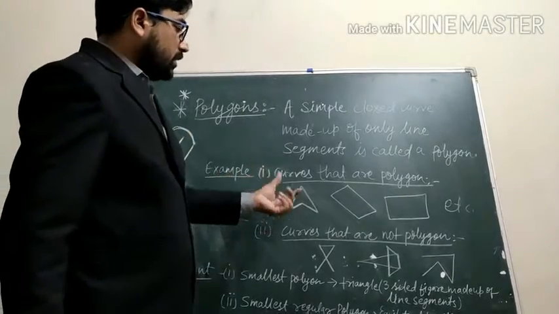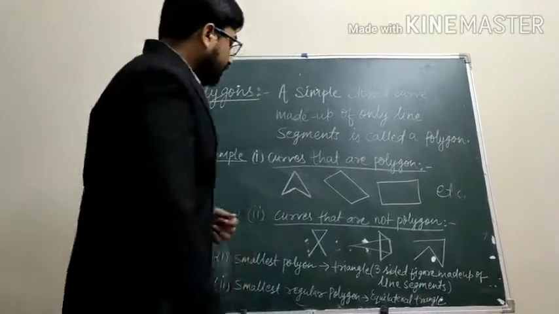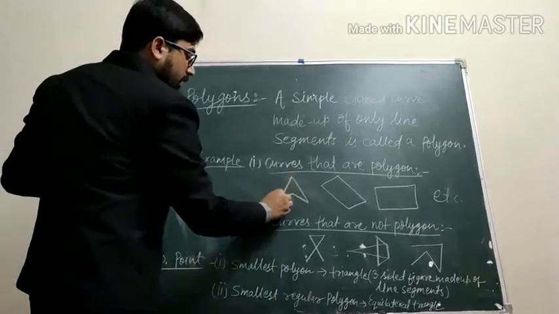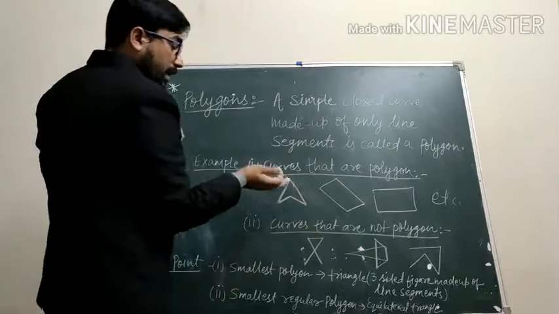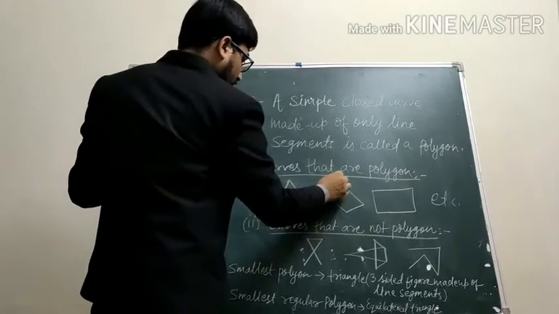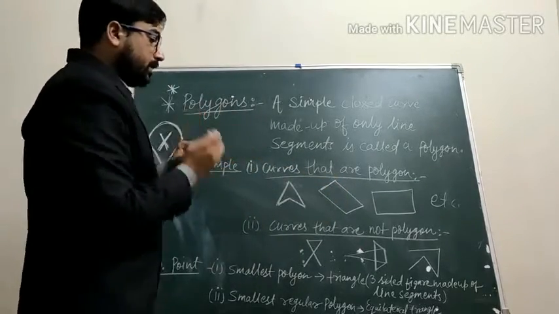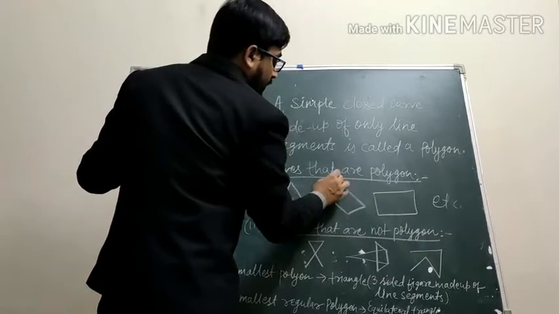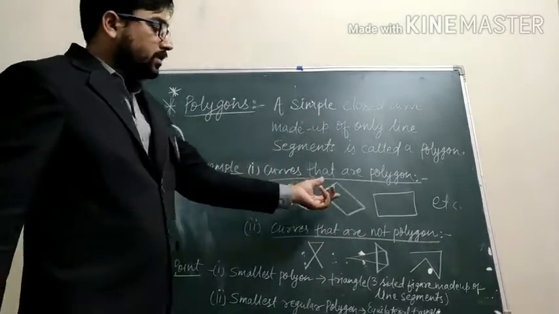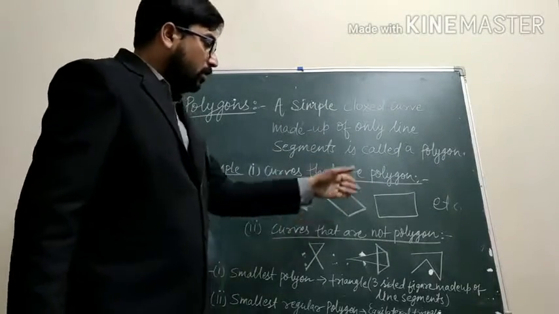Examples of polygons: curves that are polygons. The shape this is called a polygon. It is simple and closed, not crossing itself. Starting point and ending point are the same. So this one is simple and closed.